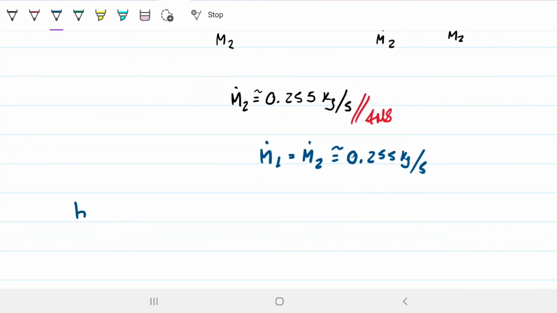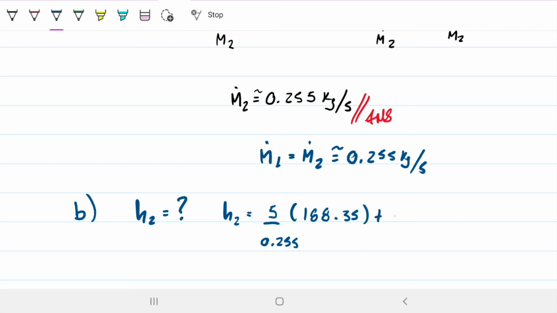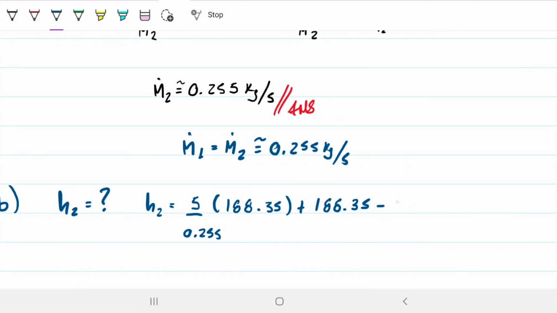So part B is enthalpy 2, which is quite simple now because obviously that's the other unknown in our two equation system. So I can just sub in where I had the equation for H2. H2 is 188.35 minus 5 times 255, divided by the mass flow rate, and this is 83.9.